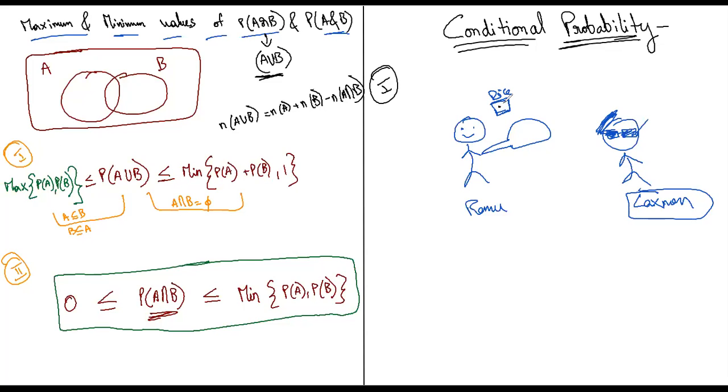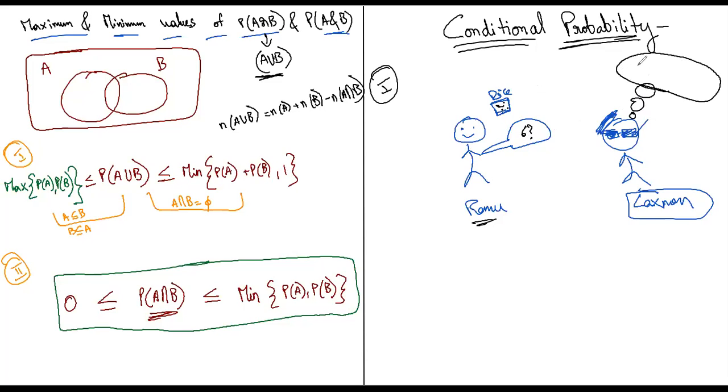It's a fair dice. Fair dice means nothing special, it's a normal dice. So Ramu throws the dice. Then he asks, what is the probability that it is a 6? Now put yourself in the place of Lakshman. What will you answer? What will be your thought process? What is the probability that he got a 6 on rolling the dice?